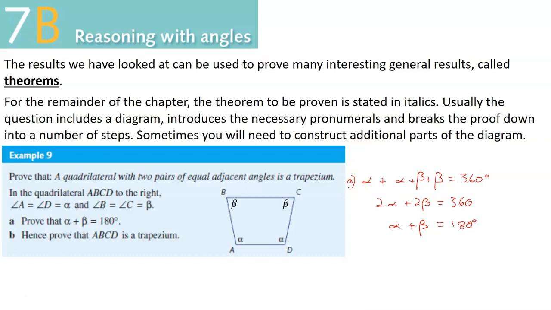Part B, hence prove that this is a trapezium. Now, as alpha plus beta equals 180, alpha and beta are co-interior angles. So we can say that alpha and beta are supplementary, because they add up to 180, and co-interior.